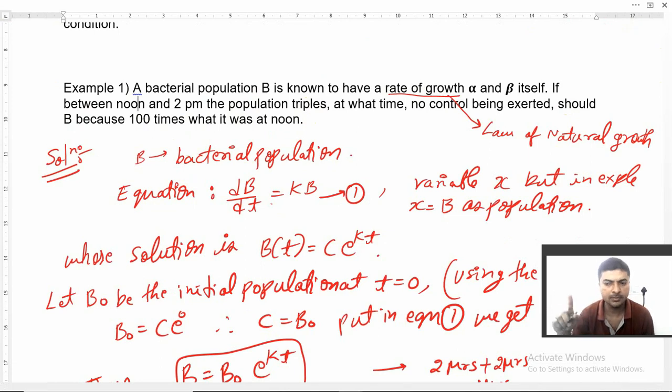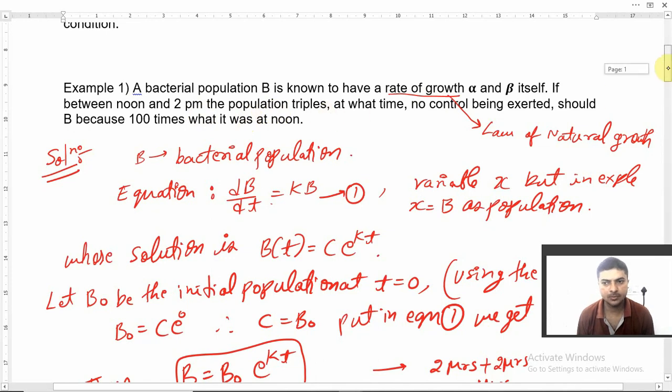From the beginning it will become 3b naught between noon and 2 p.m., in 2 hours. Noon means 12 p.m. and 2 p.m. So how many hours are there, students? 2 hours. Therefore I will take the time t is equal to 2.